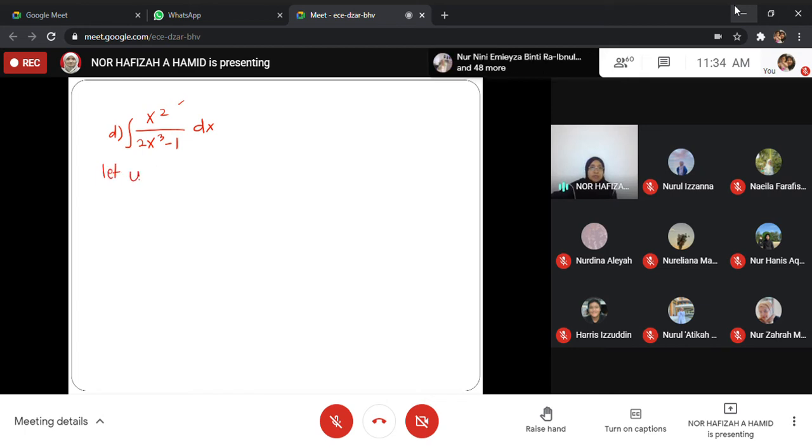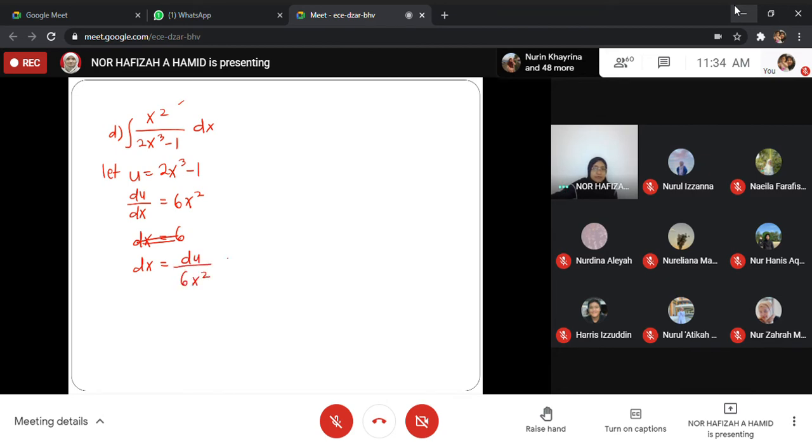So for D, let u equal to the denominator, 2x cubed minus 1, and differentiate, du over dx, you will have 6x squared. And dx is equal to du over 6x squared. So the integral is x squared over u times dx, where dx is du over 6x squared.